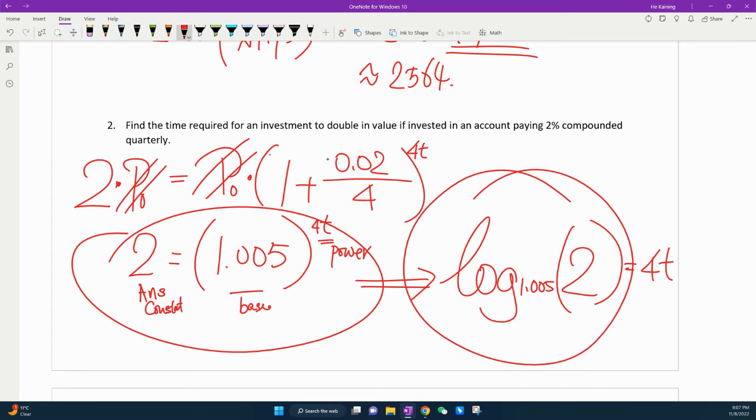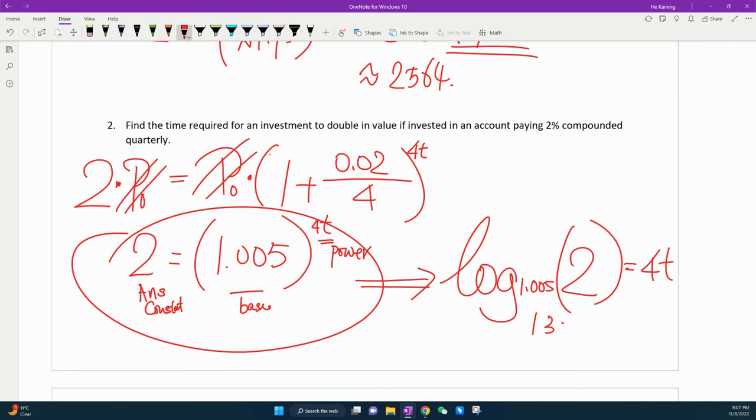When you punch it in the calculator, this left side you're getting is actually just 138.9757 with a bunch of decimals. This is your 4t. By dividing by 4 on both sides, your t is actually just equal to 34.7439. And we know that that's actually just the unit in years.